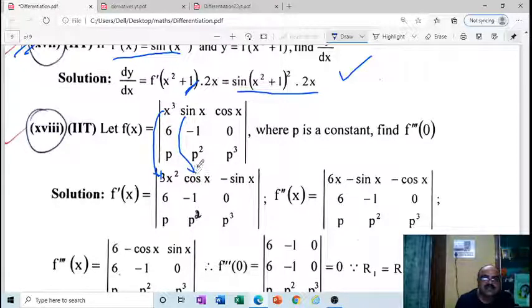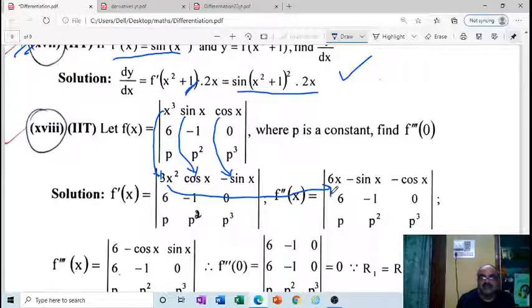Sin x differentiation is cos x, and cos x differentiation is minus sin x. Second and third row we don't have to look at. Write it as it is. Now this was the first differentiation.